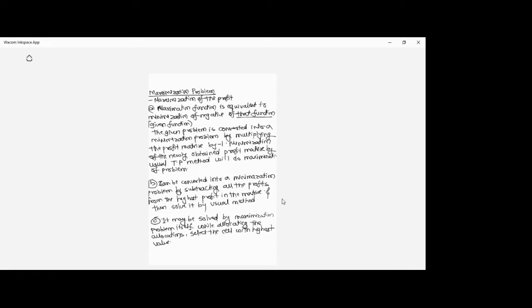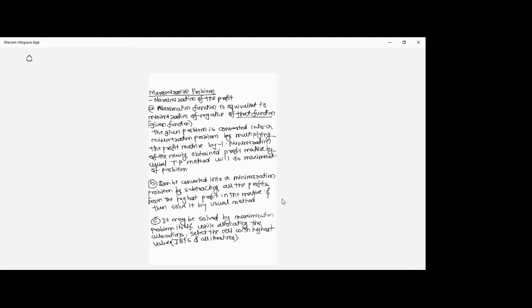Up till now we were doing the allocation in the cell with the lowest value. So here for the maximization problem, we are going to do the allocation in the cell with the highest value only. And even for finding the initial basic feasible solution, as well as for all the iterations, we are going to follow the same strategy, right?